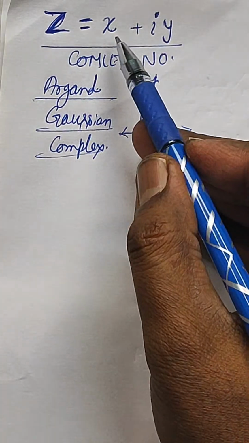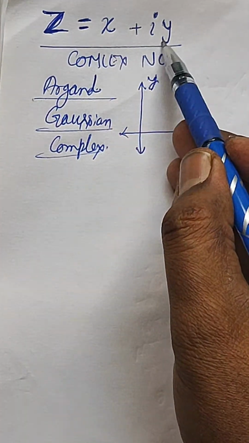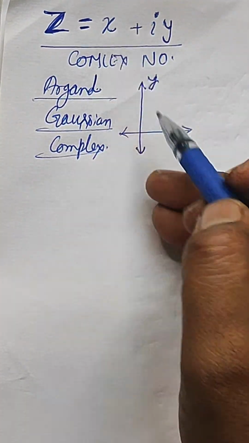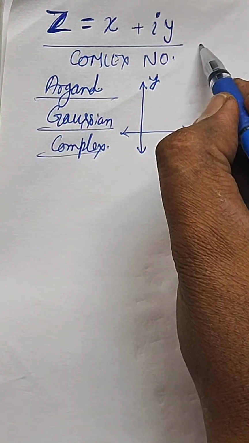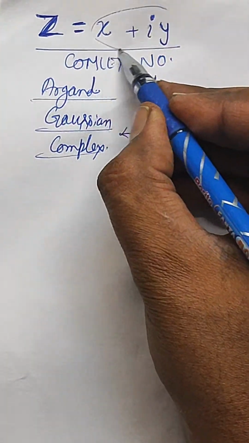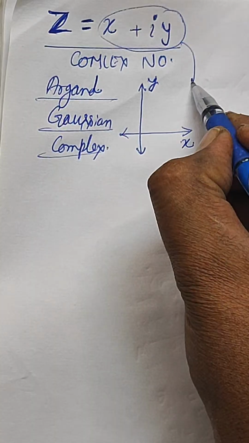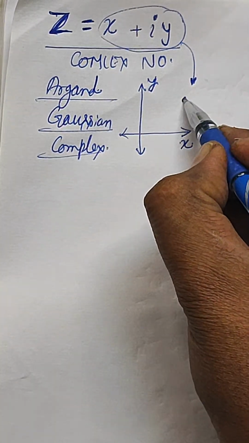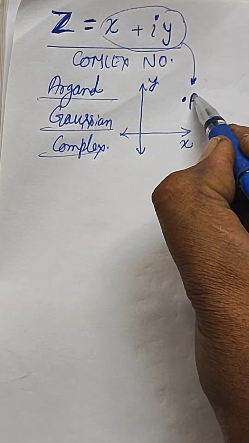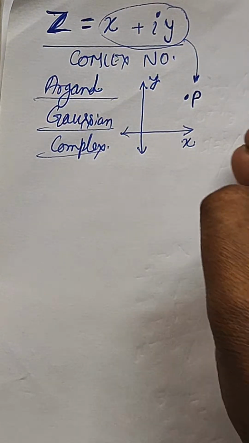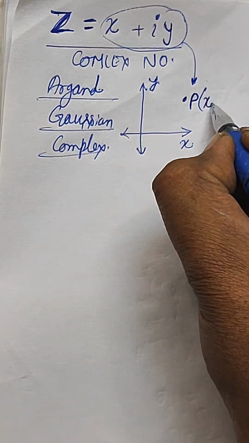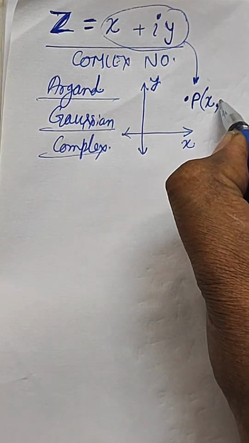This is the y coordinate and this is the x coordinate. If this complex number is represented by a point P over here, then the coordinates of this complex number will be x and y, isn't it?